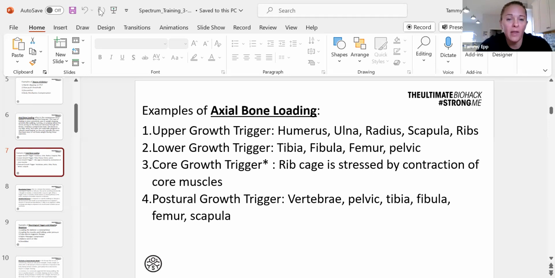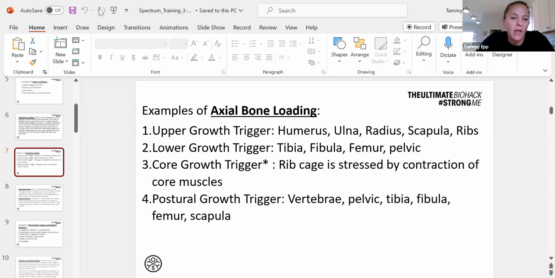Upper growth trigger, the axial loading here is the humerus, the ulna, the radius, the scapula, and the ribs, okay? When you are on the upper growth trigger, you have the seat behind you, you have the handles in front of you, and as you're pushing forward, you are pushing back on that chair, and you're creating axial load through the arms, and then also through the scapula and the rib cage, okay?